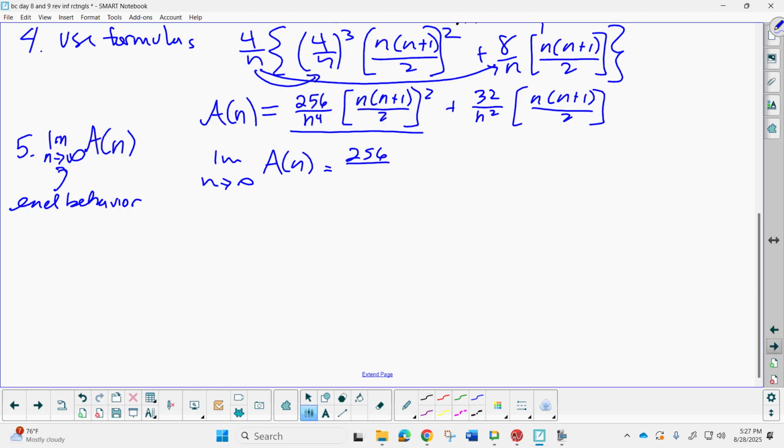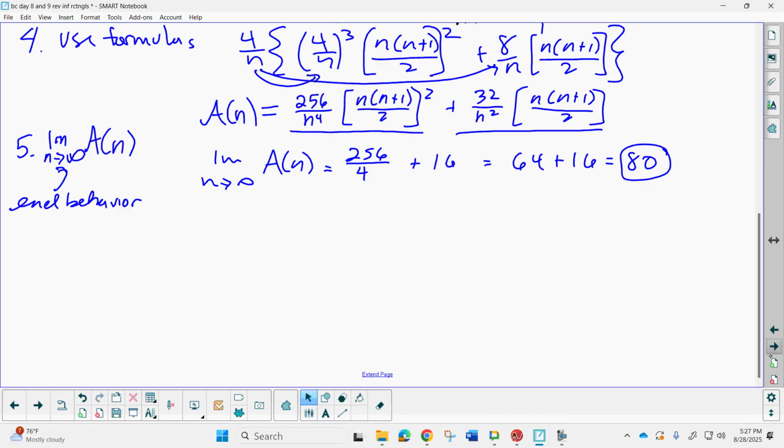It's not 2 in the denominator, it's 4. The limit of this, look at the powers. n squared in the denominator, n squared in the numerator. The limit is the ratio of the coefficients, which is 16. The area, therefore, is 64 plus 16, or 80, the perfect area.